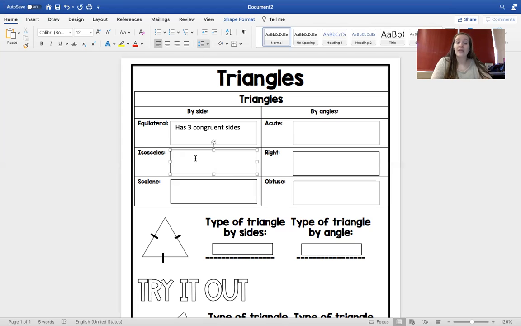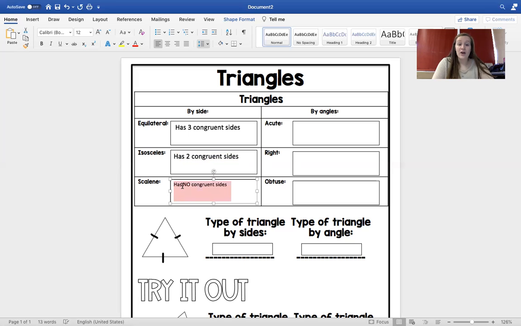So equilateral has three congruent sides. Isosceles triangles have two congruent sides, which means two of their sides are the same length. So that would look like two sides having one line and one side having two lines. Then a scalene triangle has no congruent sides.